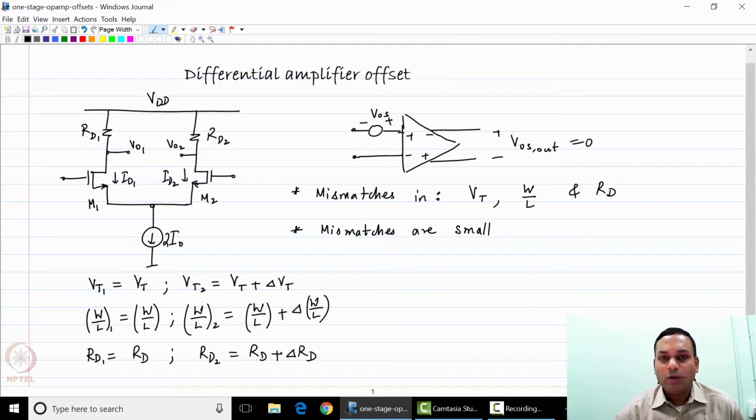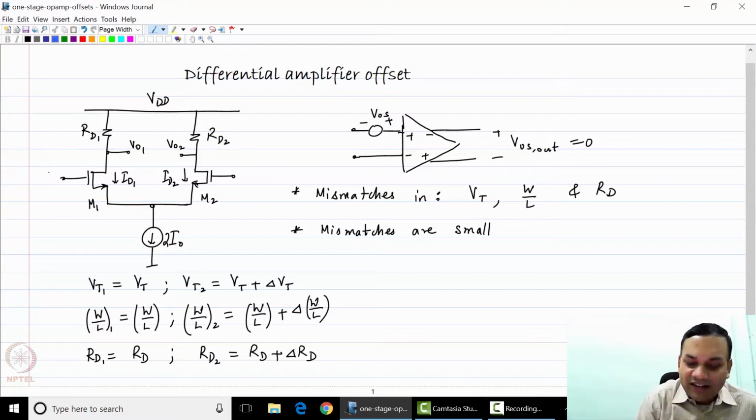Now if you take such a circuit, you want to find out the input voltage that needs to be applied such that the output voltage offset is 0. So now let us complete the circuit in that manner. So I have an input offset voltage that is being applied.